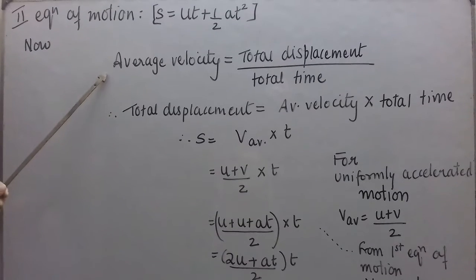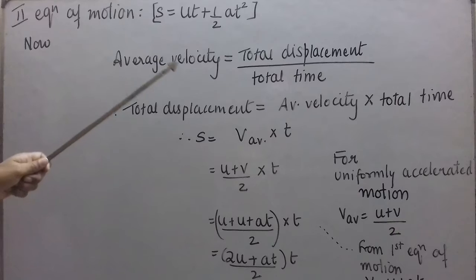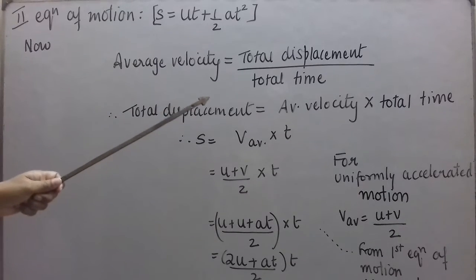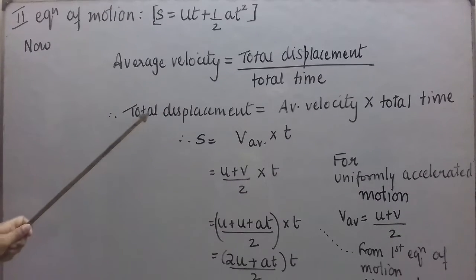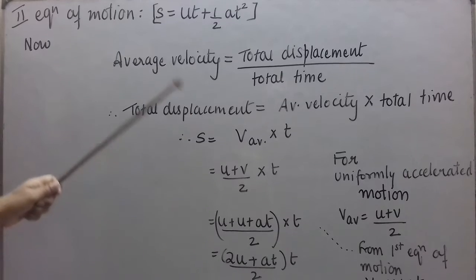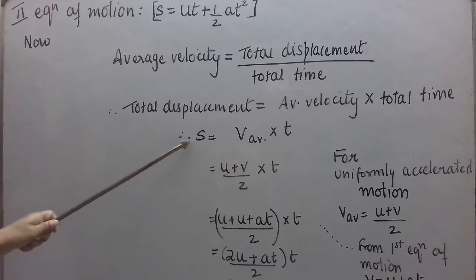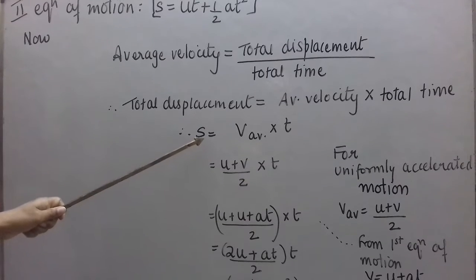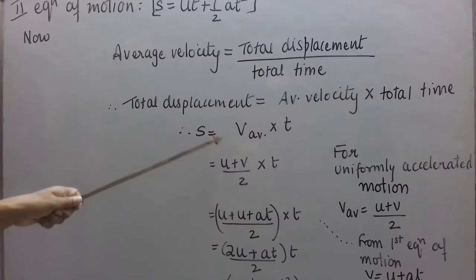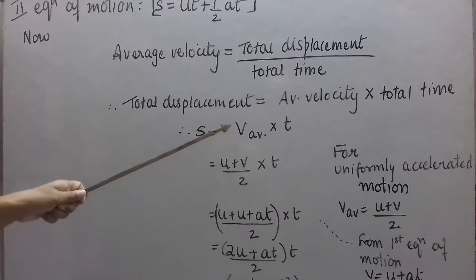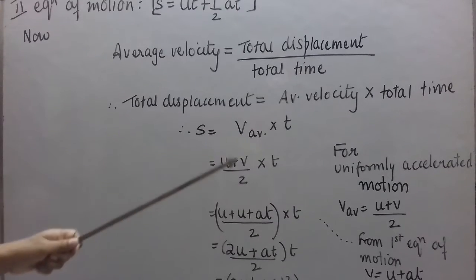I can first write, average velocity is total displacement over total time. Therefore, total displacement is average velocity into total time. So S is equal to, I have denoted the average velocity by V average, into total time t.